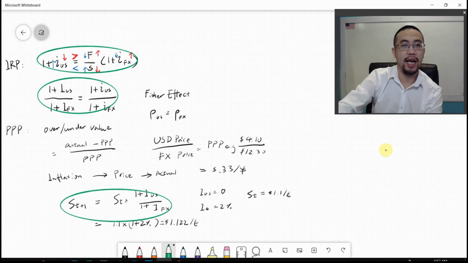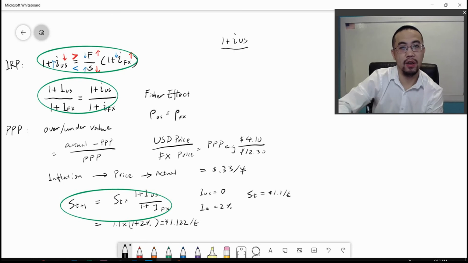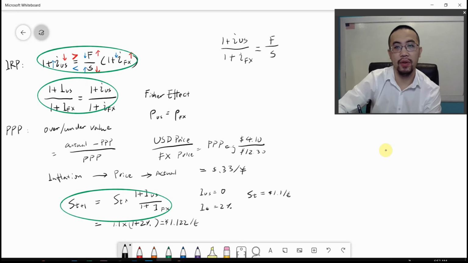So when I lay out a formula or an equation, let's say 1 plus the U.S. interest over 1 plus the foreign interest, this is a forward over spot. So you should immediately know this is interest rate parity.